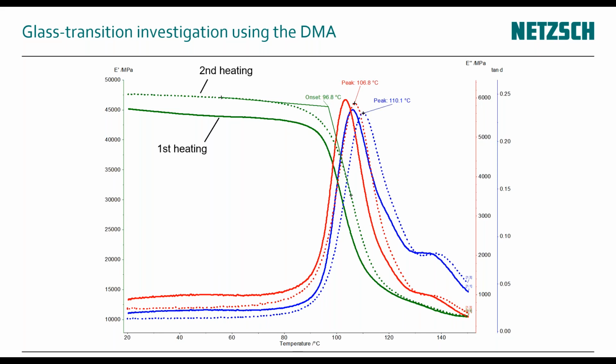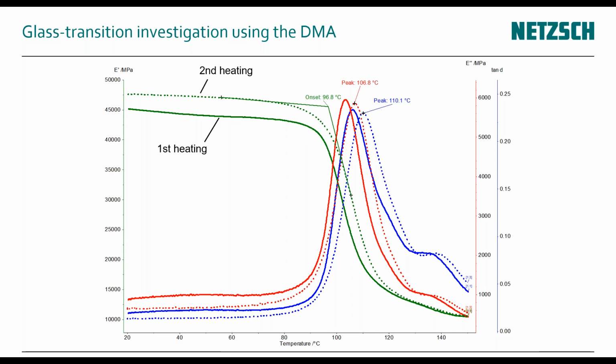Let's do a second heating. If we heat over the glass transition in the first heating, come back down, and heat a second time, we see all curves, displayed here as dotted lines, shifted to the right.